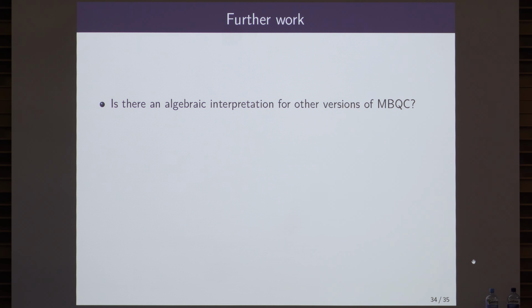So the question there is a lot more difficult. So we don't really have a flow structure that would precisely correspond to determinism, but some work is being done. So maybe we can try to apply our matrix way of looking at things there.